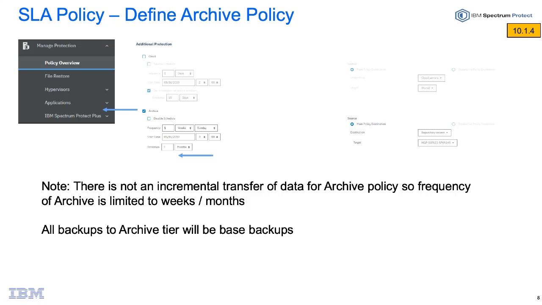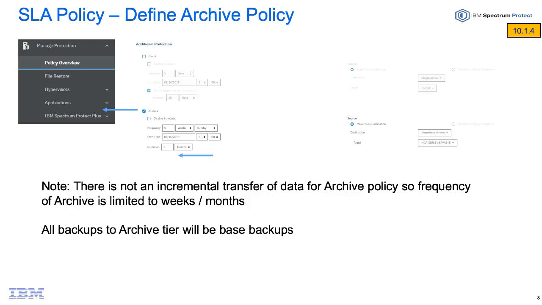Once you set up either the repository server or the cloud provider, you're next just going to go into the policy or the SLA and define the times that you want to do the archive. And as you can see here, basically you have the cloud, which is the offload, and the archive, which is going to be the archive from Spectrum Protect Plus.